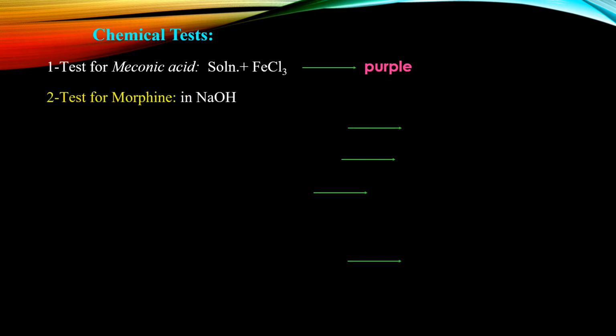Chemical test for meconic acid: a solution or extract of the papaver fruit of the opium treated with ferric chloride will produce a purple color.